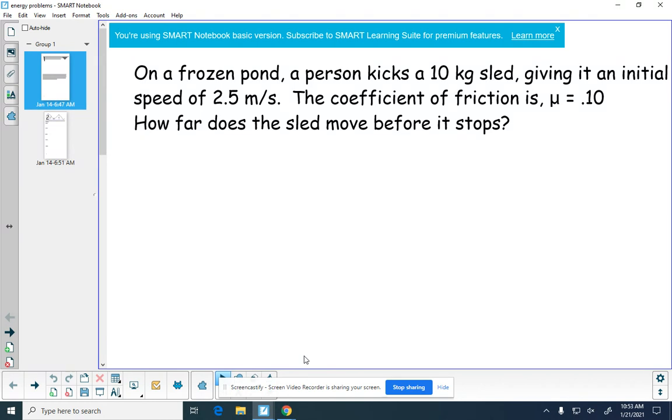Okay, what we talked about yesterday is our change in kinetic energy equals our change in potential energy for a system, which is equal to our net work.